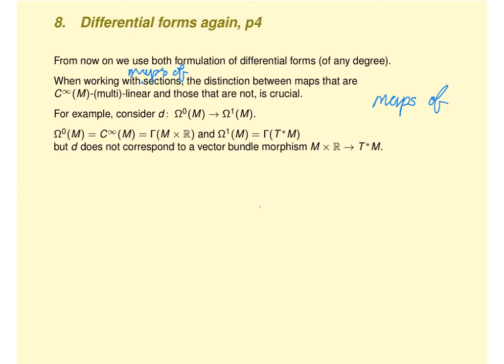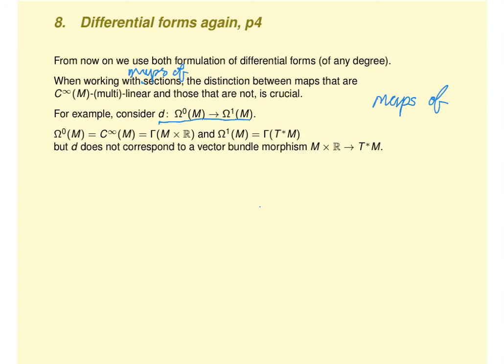So if you do have a map of sections that's linear or multilinear over functions, then in fact it corresponds to a map that you can define on the level of the bundles, on the level of the tangent vectors. But if it's not linear, if you've got nonlinear terms or what are sometimes called Leibniz terms, then that's not the case. And a clear example is just the exterior derivative going from zero forms to one forms.